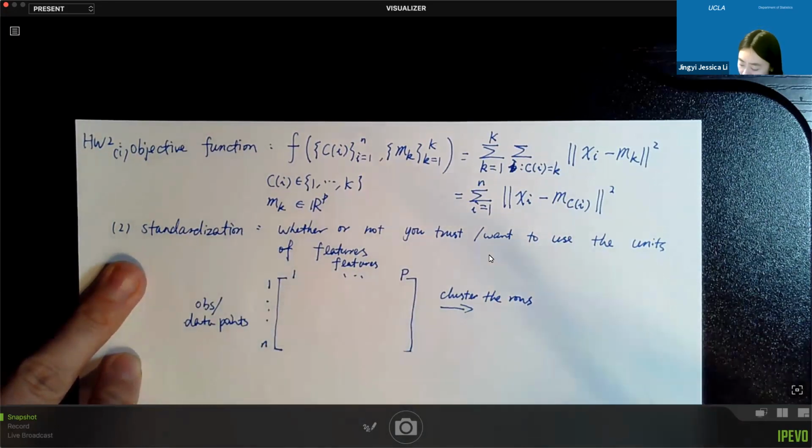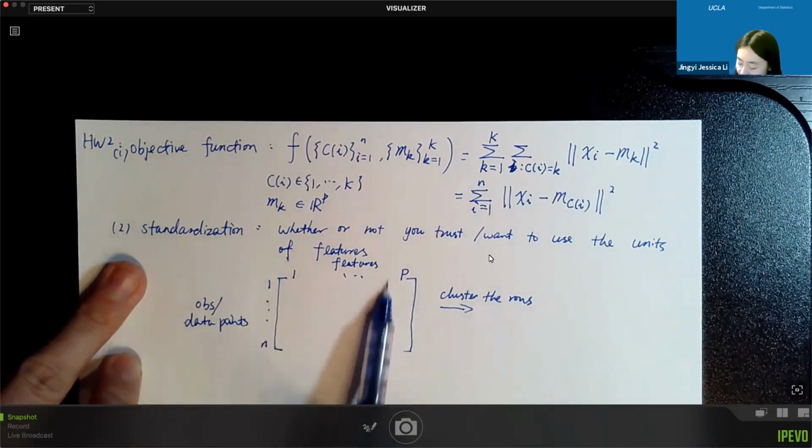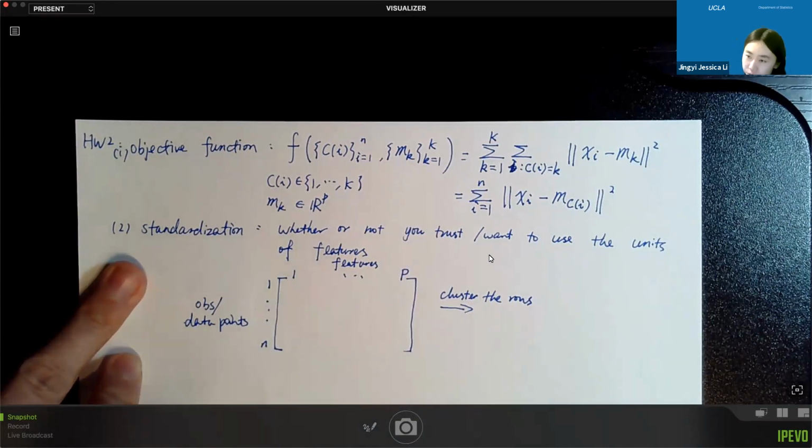So if you use their original units, then your clustering would be dominated by the feature whose nominal values have the largest variance. And if you don't want that, then you must standardize your features so that they are comparable. So no single feature dominates. But that is for those daily life features.